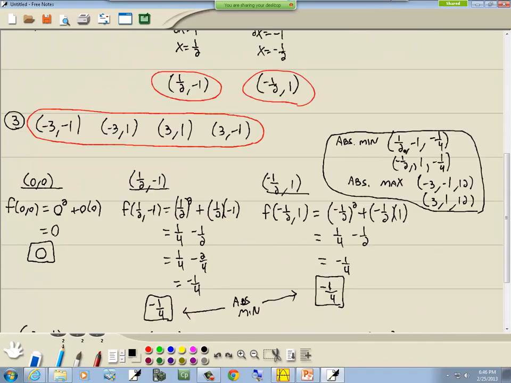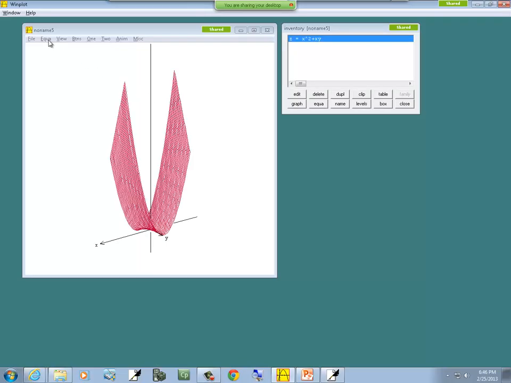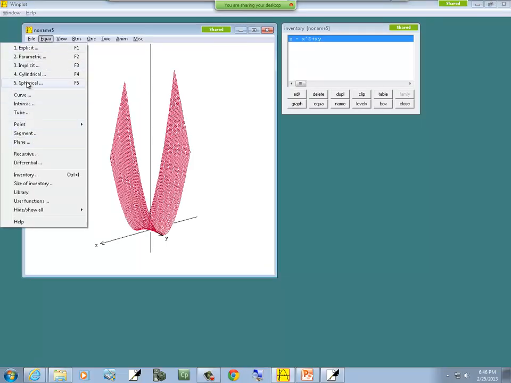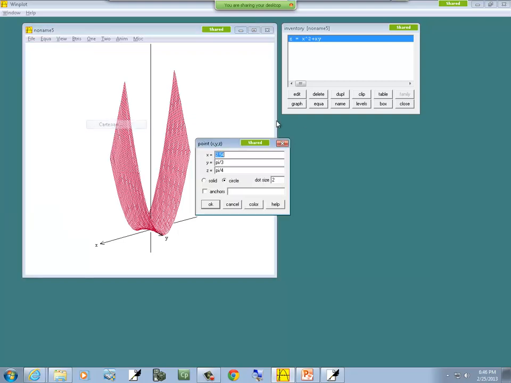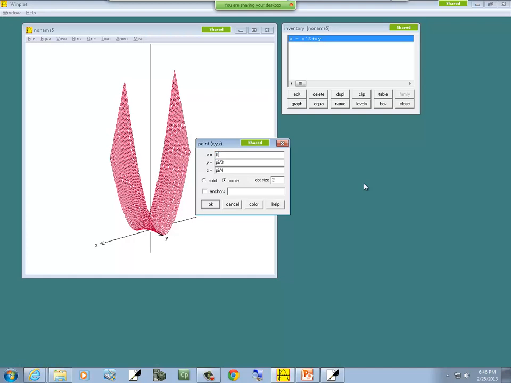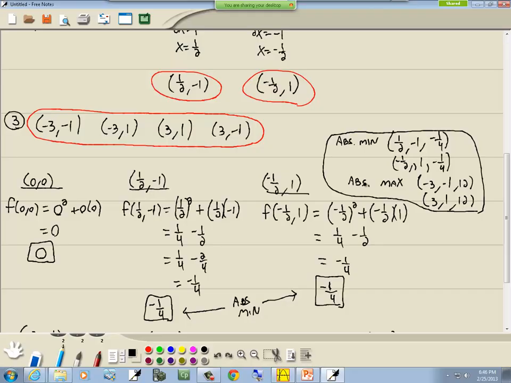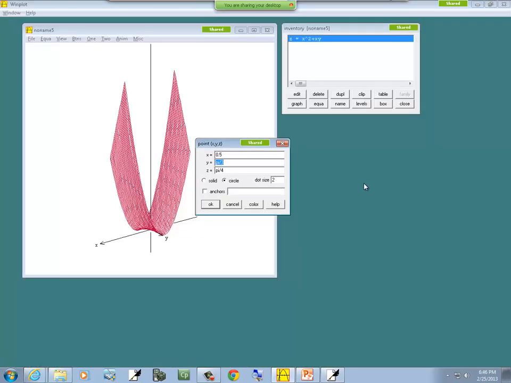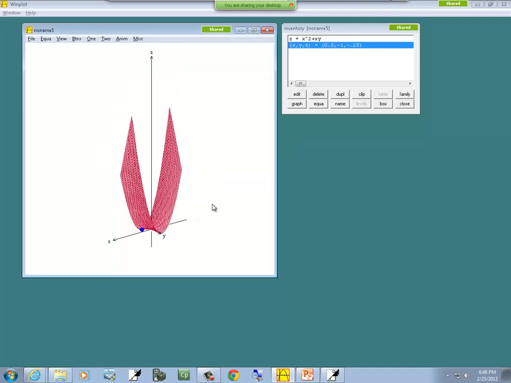So my absolute min. So do equation, point, Cartesian. And I got 0.5, -1, and -0.25, -1/4. And I'll make it 4, and solid, and click OK.